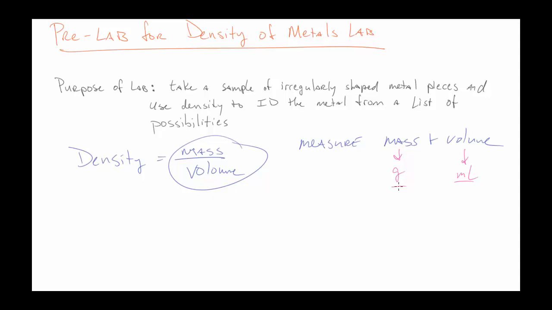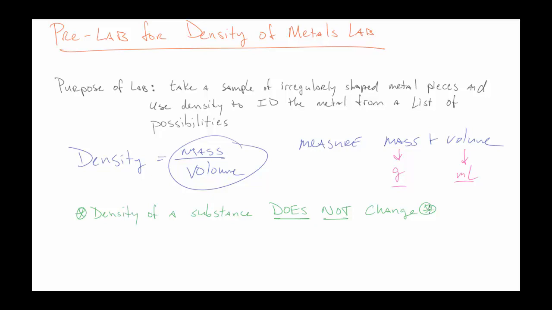The one thing I want you to understand about density, and we're going to go ahead and let the cat out of the bag, is that the density of a substance does not change. This is really important conceptually for you to understand why the lab is set up the way that it is, because we're going to be taking these samples and breaking them into smaller sets and then combining them all together at the end.